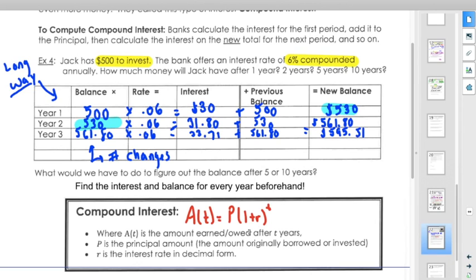And that kind of looks familiar to me. P times 1 plus R to the t. Hopefully it looks familiar to you too, because it's honestly the same as y equals ab to the x. Right? P is your principal, your initial amount, same as A. B, it's saying 1 plus R. B could either be 1 plus R or 1 minus R. And then T is time.